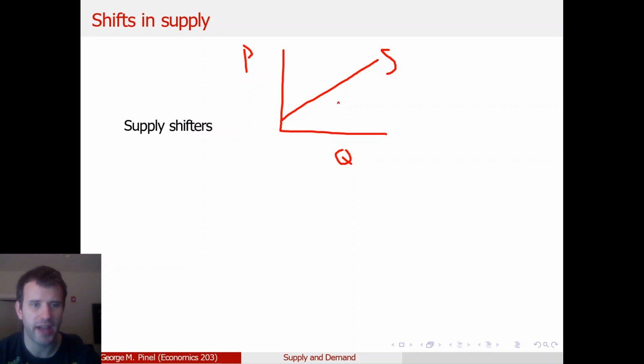And keep in mind that supply, in particular willingness to supply, maps pretty closely with the cost. So the higher the cost, the lower the willingness to supply.